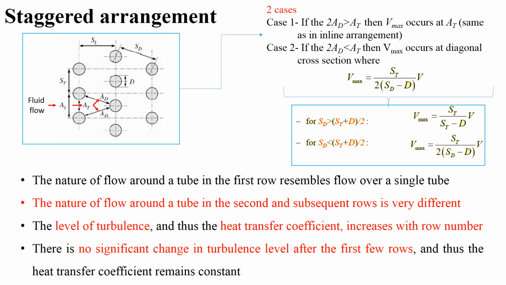It means that the first row we can assume as a single tube, but when we move to the second row of tubes, the flow is very different, because the level of turbulence, and thus the heat transfer coefficient, increases with row numbers. The last point is that there is no significant change in turbulence level after the first few rows, and thus the heat transfer coefficient remains constant.